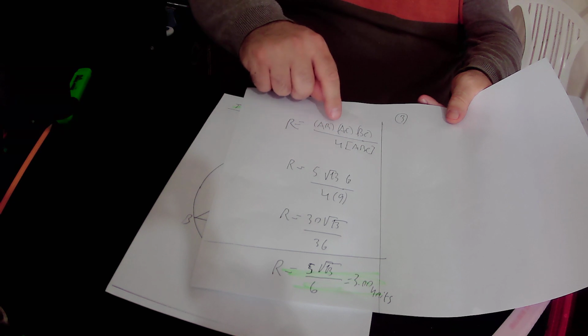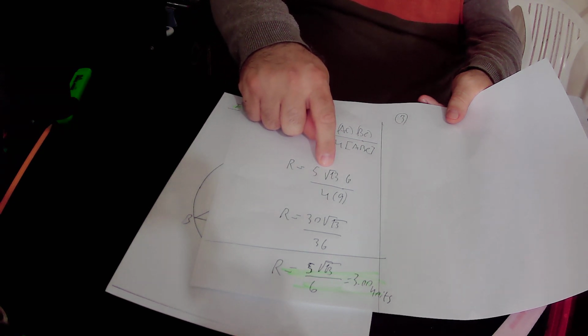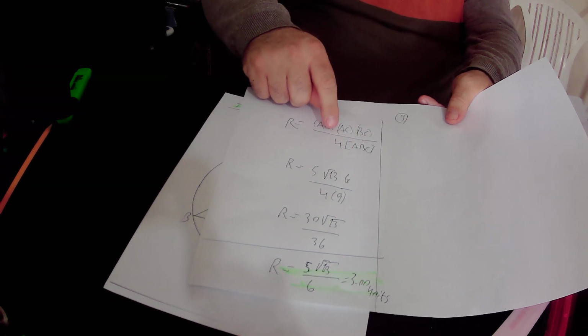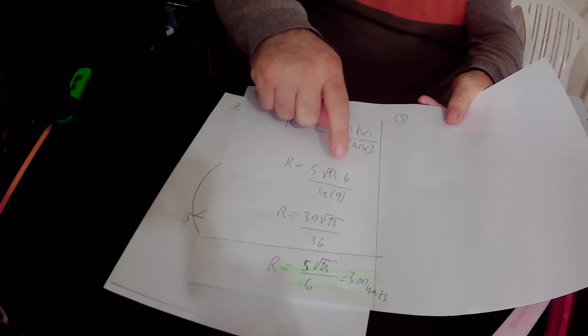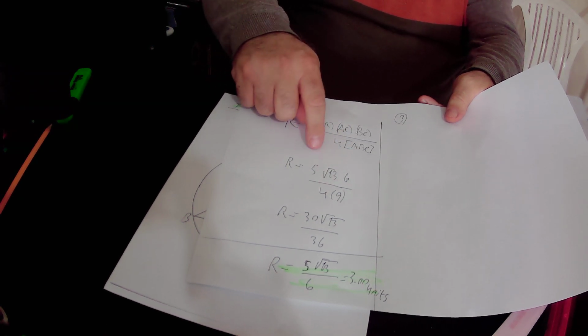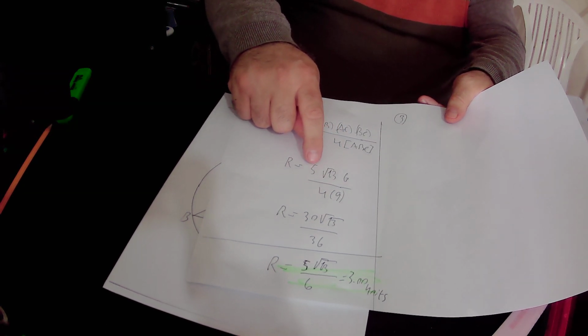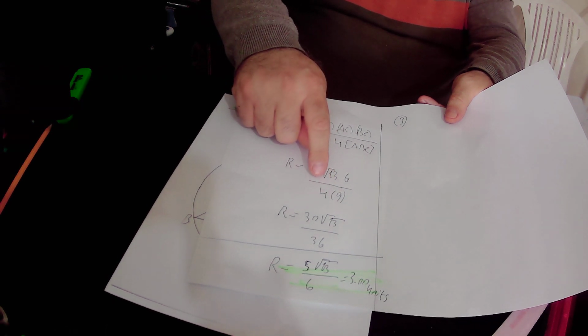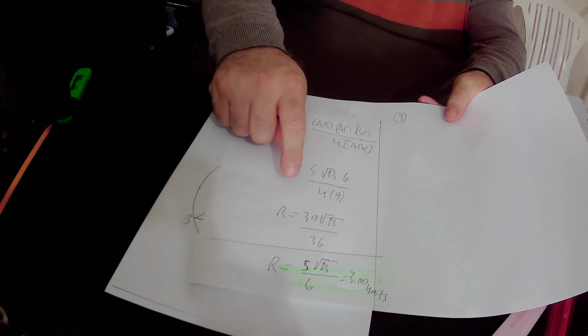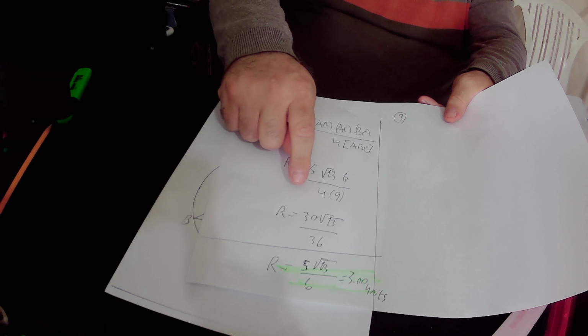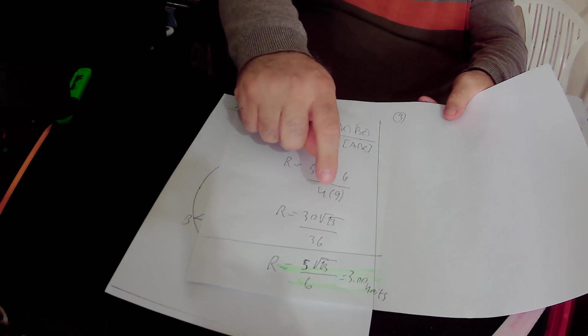AB equals 5, AC equals the square root of 13 units, and BC equals 6, over 4 times the area of triangle ABC, which is 9. So here 5 times 6 is 30, so it is 30 times the square root of 13, over 4 times 9, which is 36. So in conclusion, we found out that R equals 30 over 36 times the square root of 13.